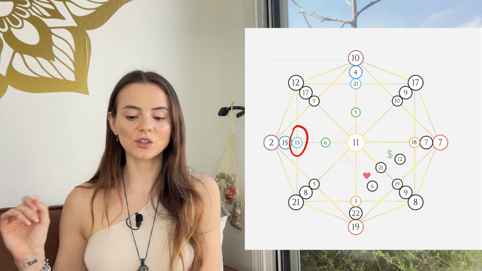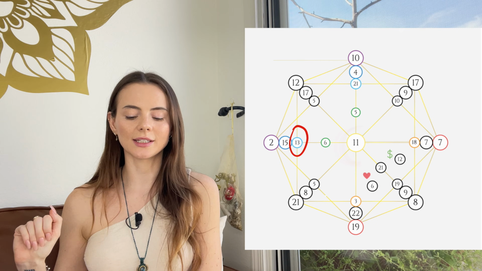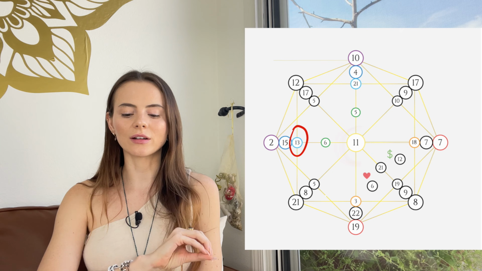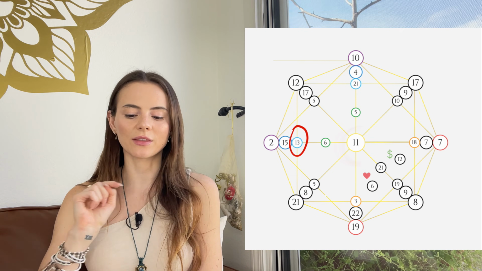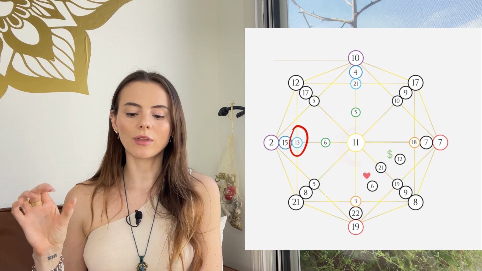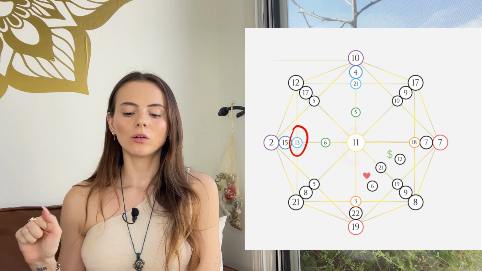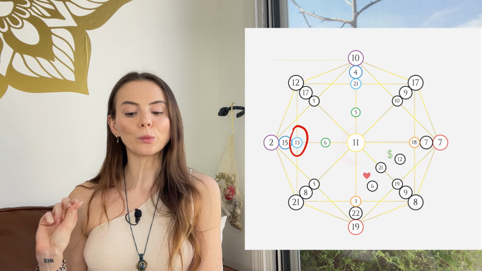And the next one in the blue circle, 13 in this case, I'm talking about the 3 very left energies, 2, 15, 13. 13 in the blue circle is about relationships with your parents.